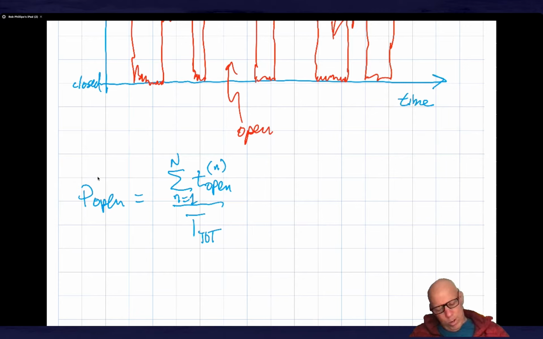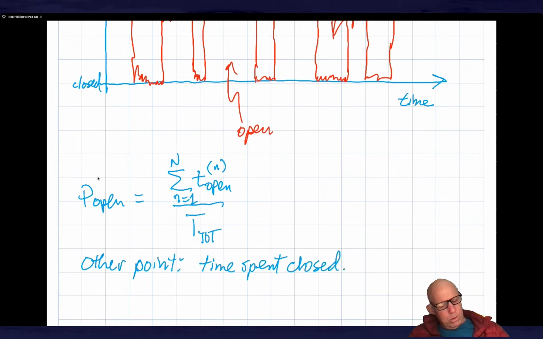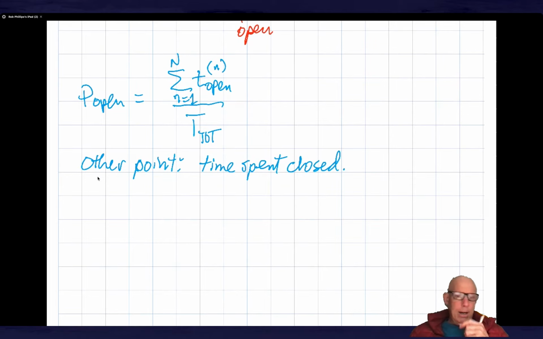The other point that we can consider is the time spent closed. So the idea here is that I would watch the system, and I would measure how long it takes when it's in the closed state, and then I would histogram.